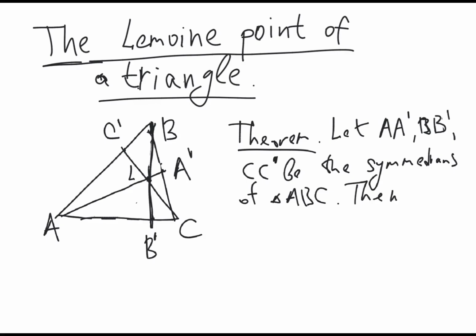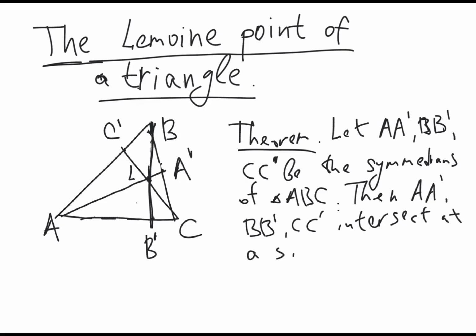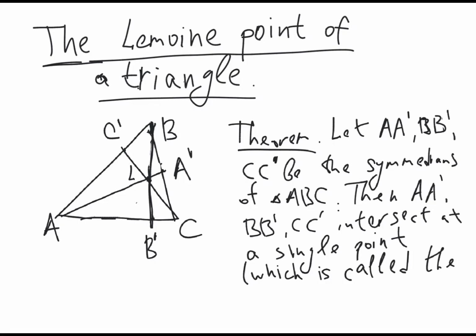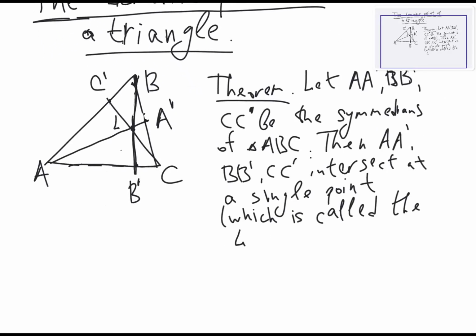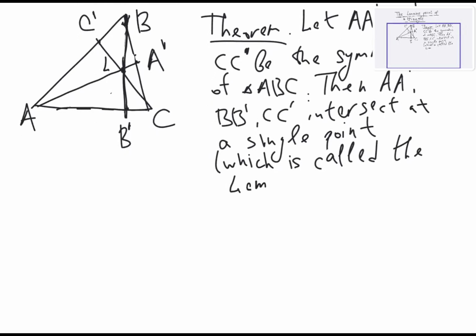Then AA prime, BB prime and CC prime intersect at a single point, which is called the Lemoine point of the triangle ABC.